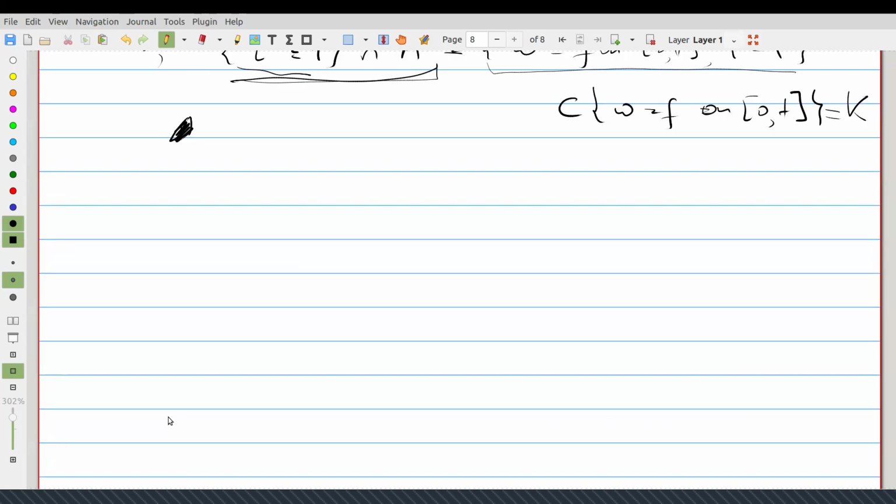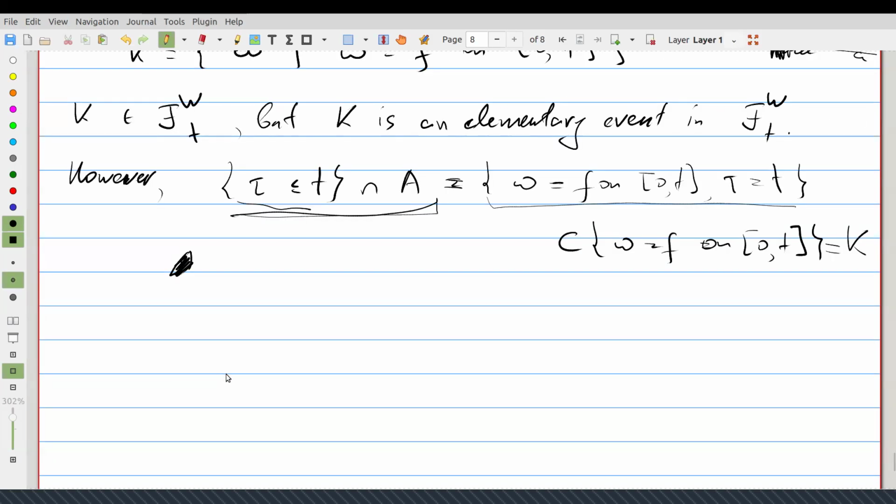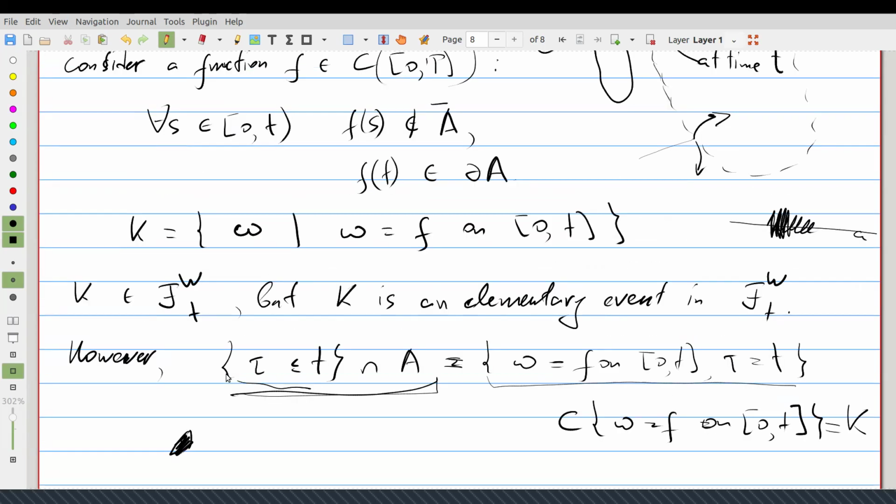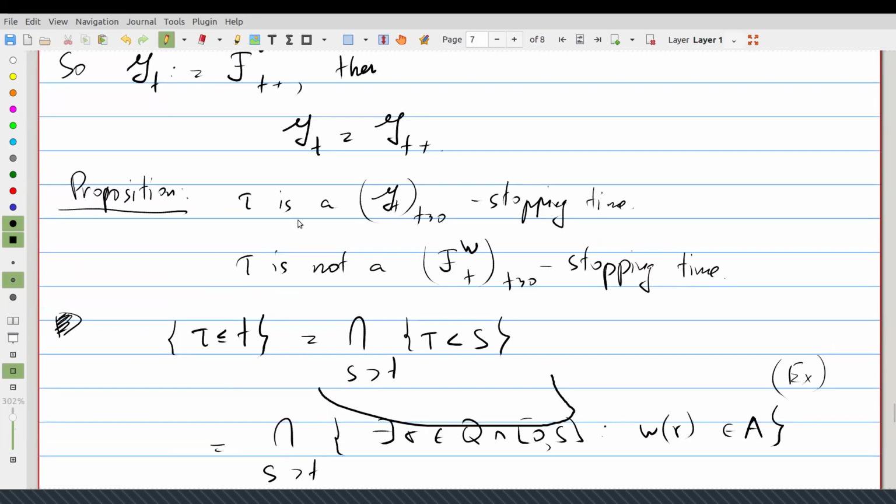Alternatively, one can say, okay, but maybe instead of adding null events, we can also consider this right continuous filtration. So we need to understand what we need to do with the filtration of the Brownian motion to make sure that at least hitting times of open sets are stopping times.